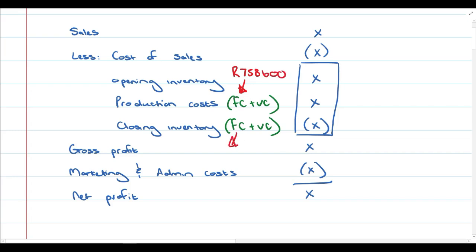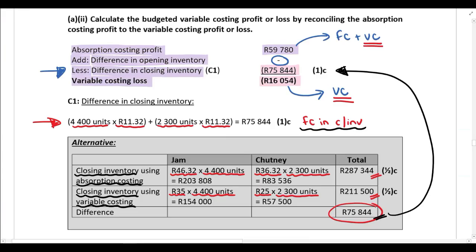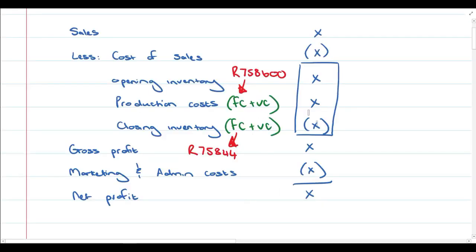But included in closing inventory, we have fixed costs of 75,844. How do I know that? If you go back to this calculation over here, these are the fixed costs that are sitting in closing inventory. This was calculated in part A2. The fixed costs in closing inventory, 75,844. Okay, so included in closing inventory over here, we have fixed costs of 75,844, and included in our production costs over here, we have the total budgeted fixed cost, obviously, for the year.